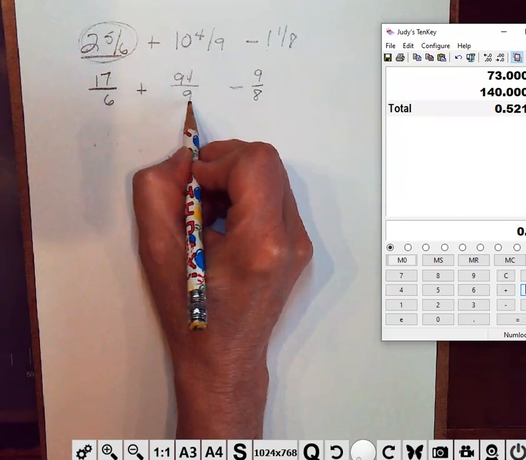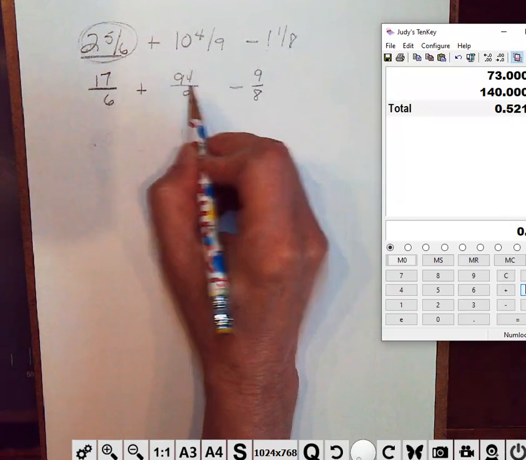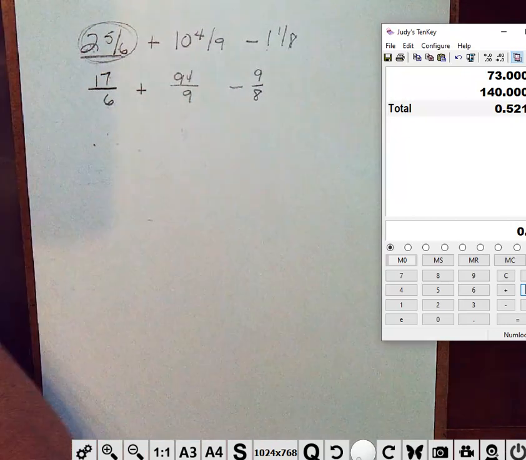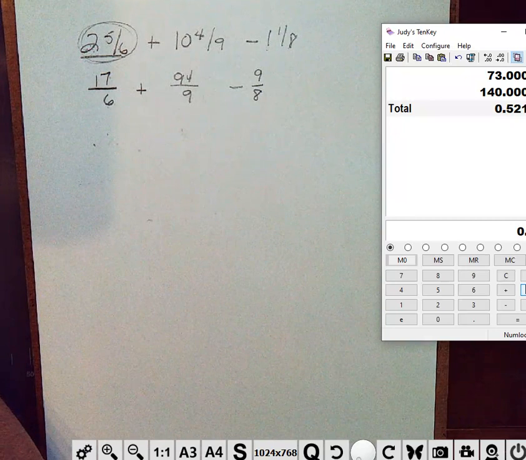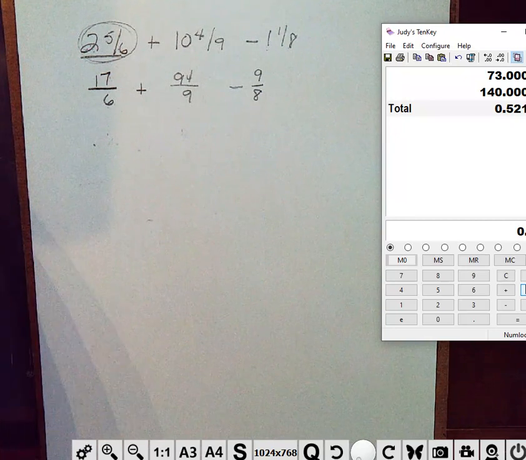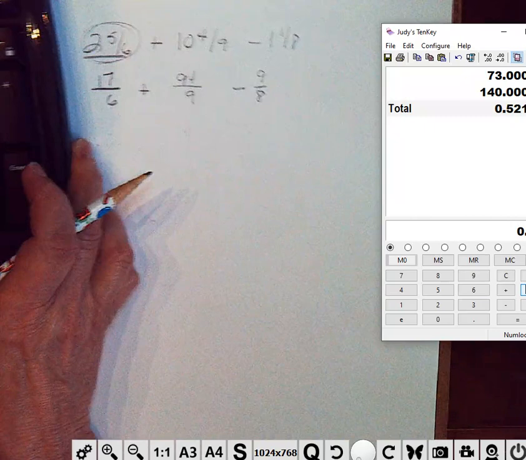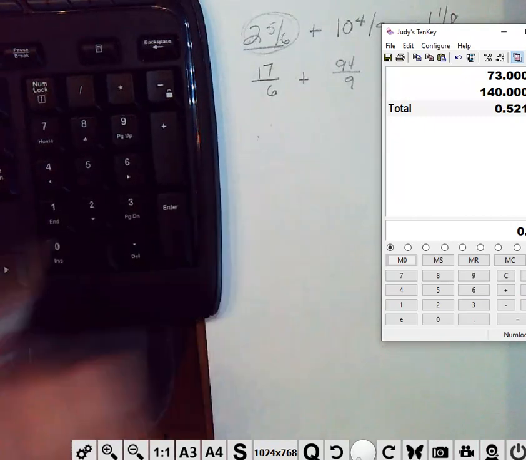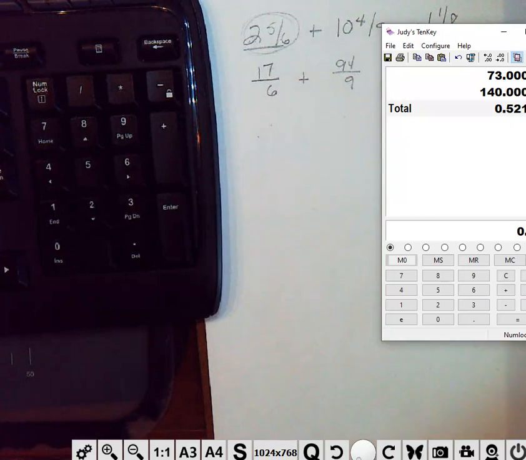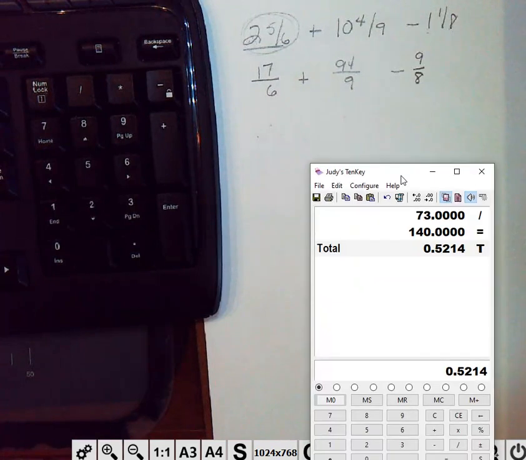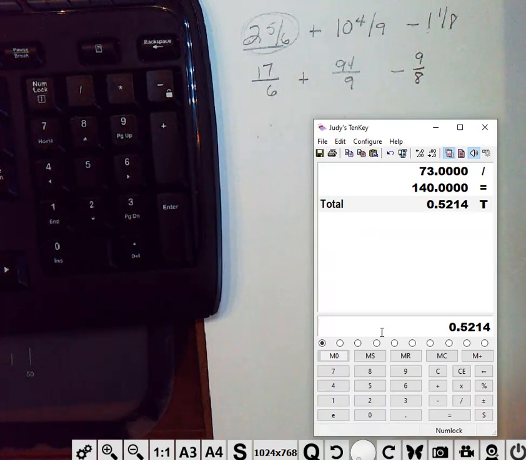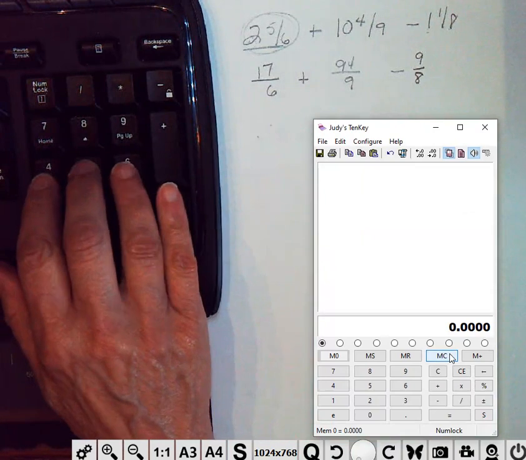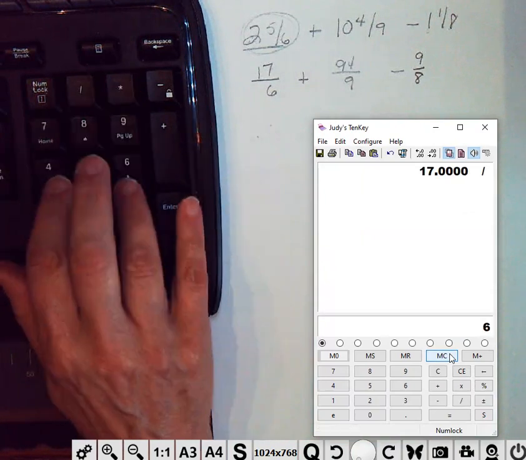Divide, put it into memory, divide, subtract it from memory. So clear my tape, clear my memory, and I have 17 divided by 6.